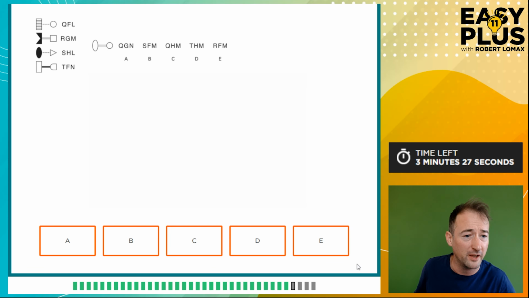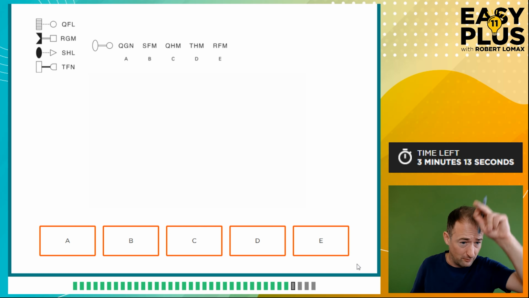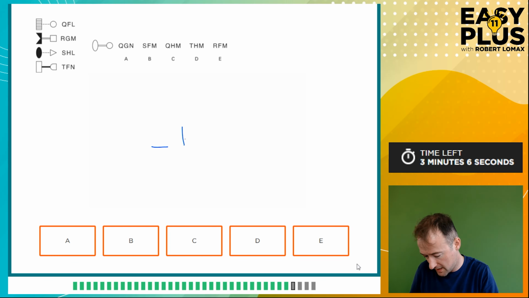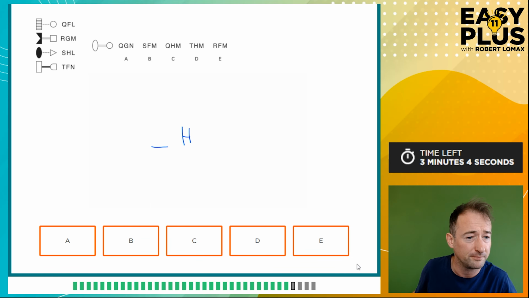QRST, nothing in common there. Second column, F, G, H, F. Okay, first and last have a rectangle on the left. So the second column of letters is the shape on the left, if that makes sense. In our question shape, the shape on the left is the vertical oval, so that's H. So we've got something H, something H. Last column, L, M, L, N. Trying to move quickly now, running short of time.